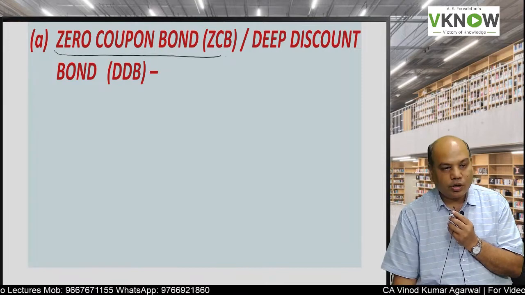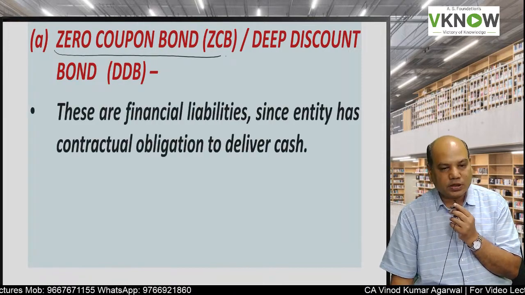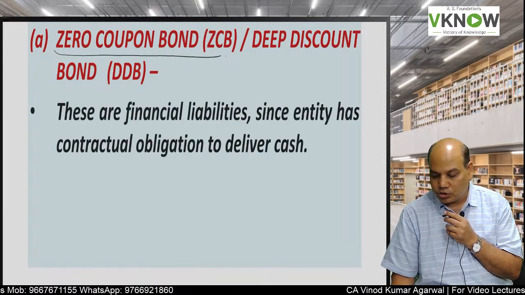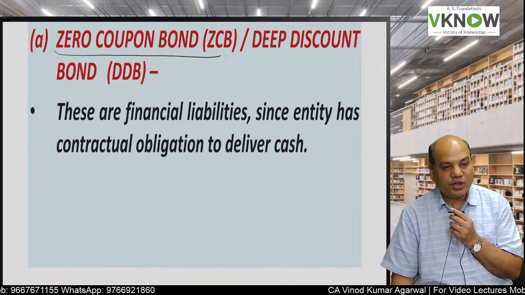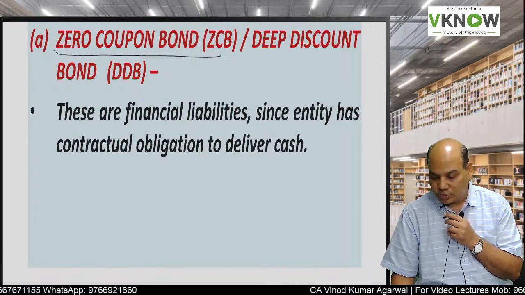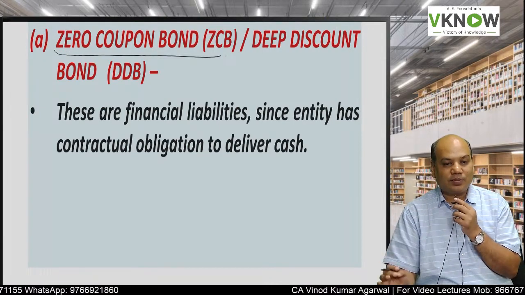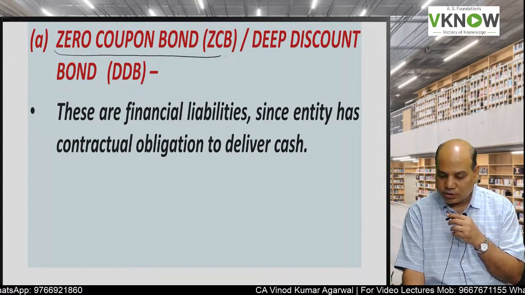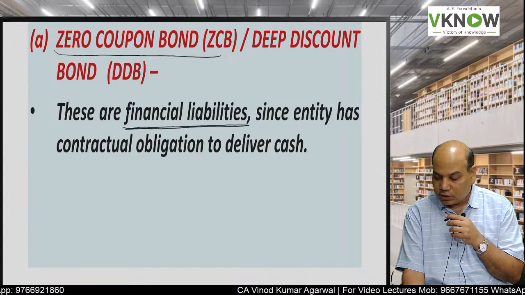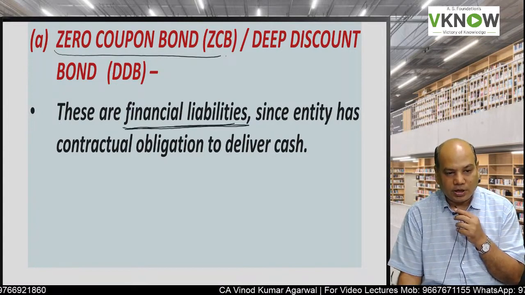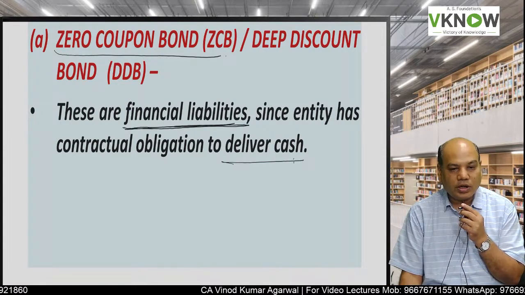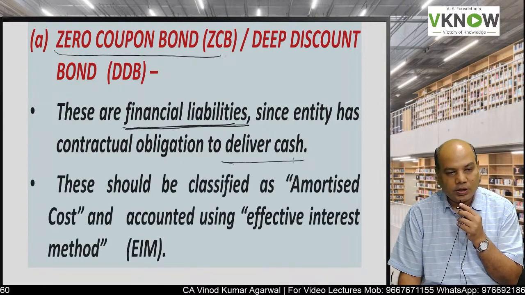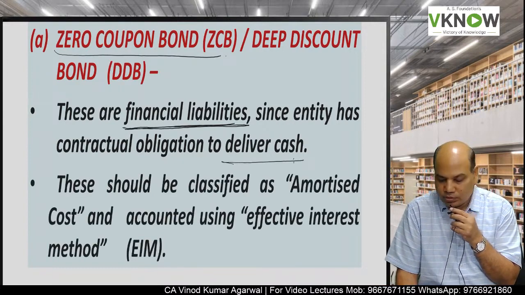Next is treatment of zero coupon bond or deep discount bond. These bonds do not pay interest, only the principal amount is paid on maturity. Still, they will be treated as financial liability because there is a contractual obligation to pay the principal amount.